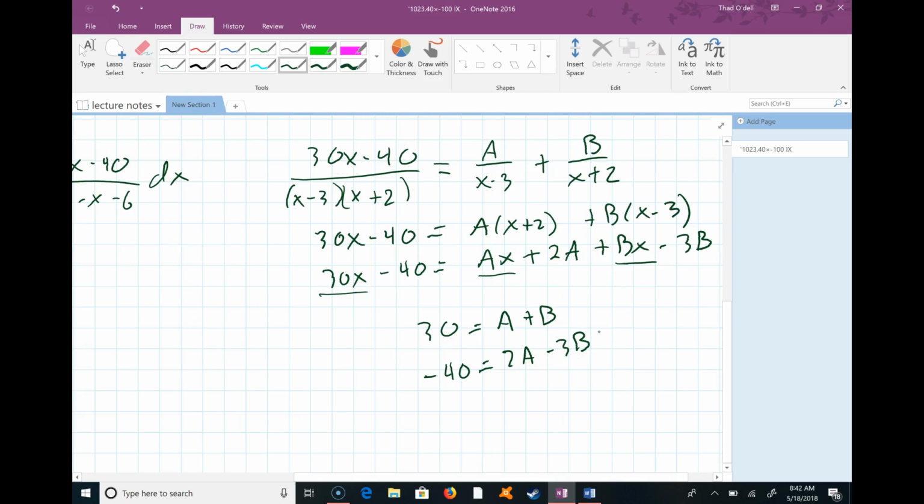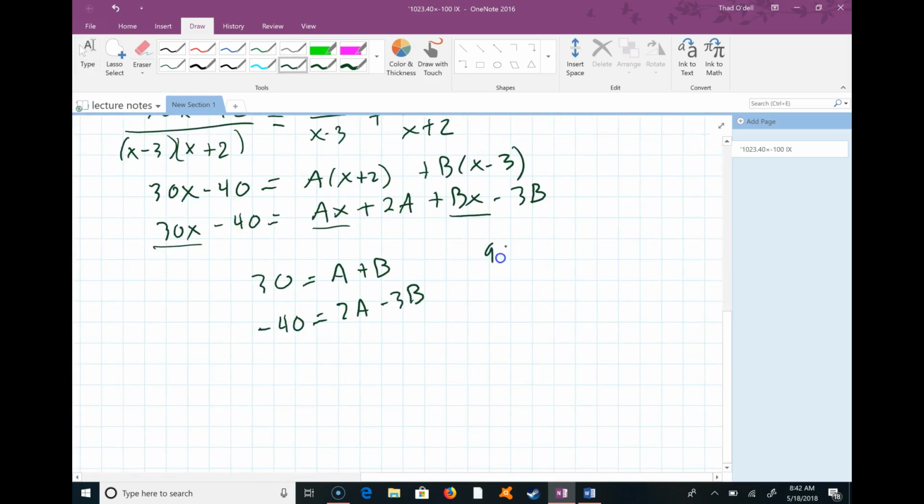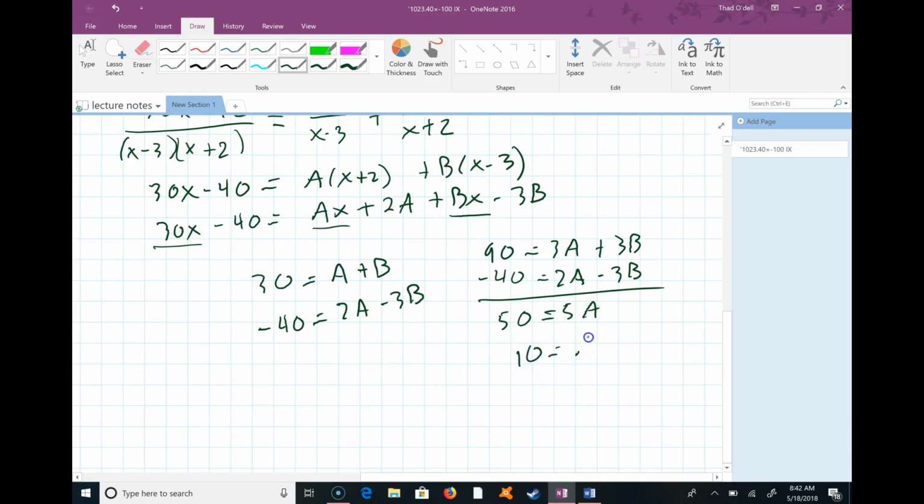And if we multiply the top one by 3, if we want to use elimination, we get 90 is equal to 3A plus 3B. Then bring the other one as is. Negative 40 is equal to 2A minus 3B. Add them together and we get 50 is equal to 5A. Divide both sides by 5 and I get 10 is equal to A. So that means that 20 is equal to B.